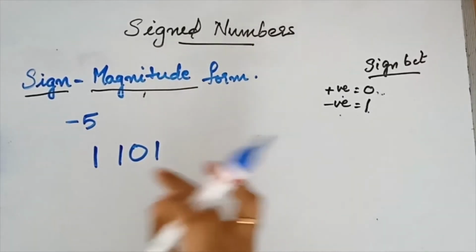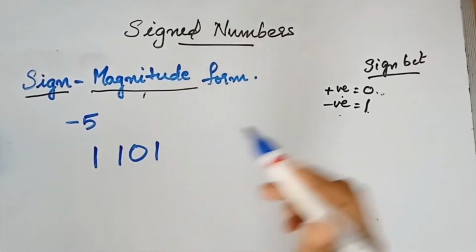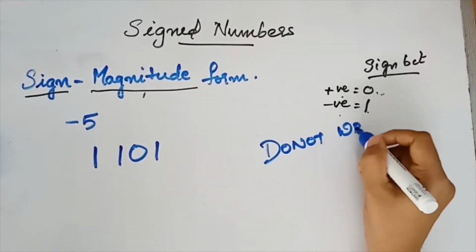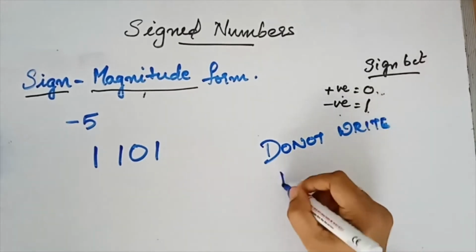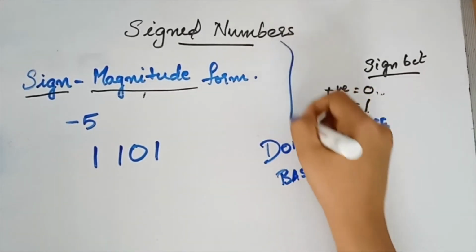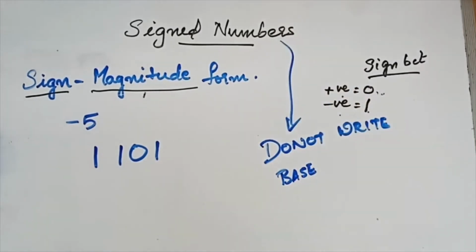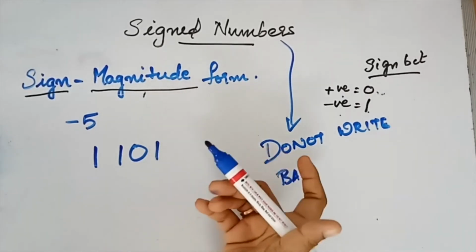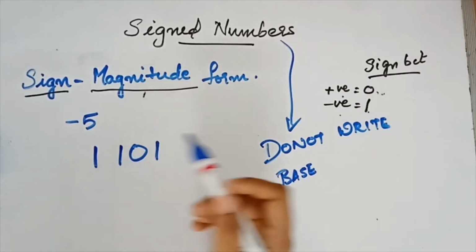Do not write the base in the case of signed numbers. If you write it to the base 2, then it means it is 13, not minus 5.